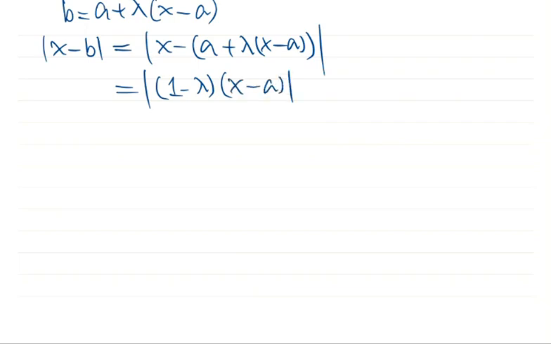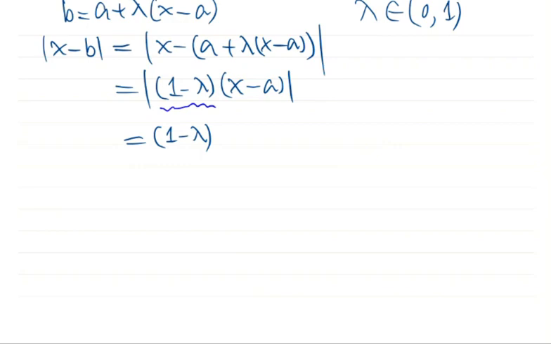So by the property of norm, this will be the absolute value of 1 minus lambda multiplied by the norm of x minus a. We should write the absolute value of 1 minus lambda, but our lambda is positive and less than 1. So 1 minus lambda is positive, therefore we don't need the absolute value.